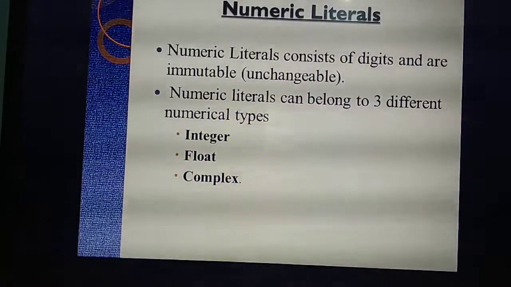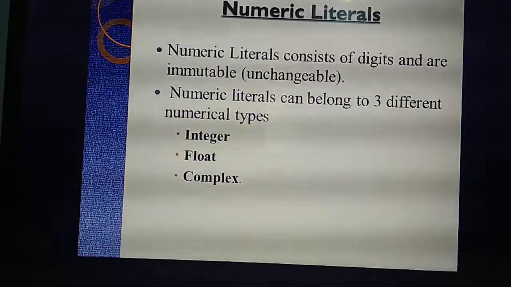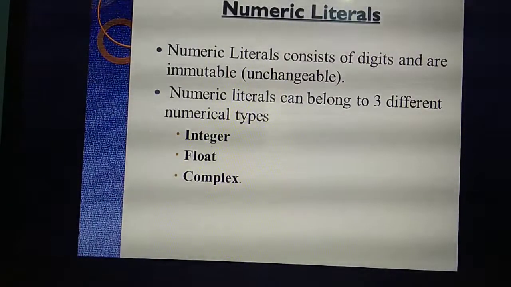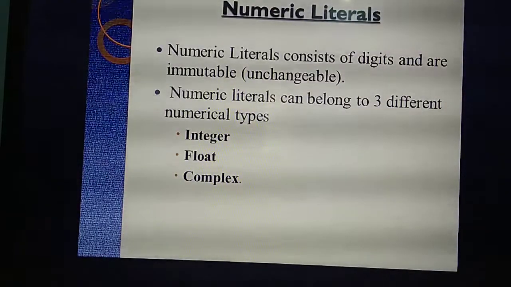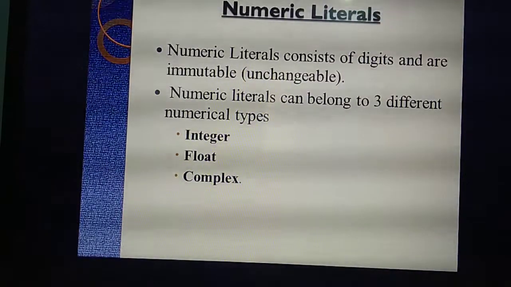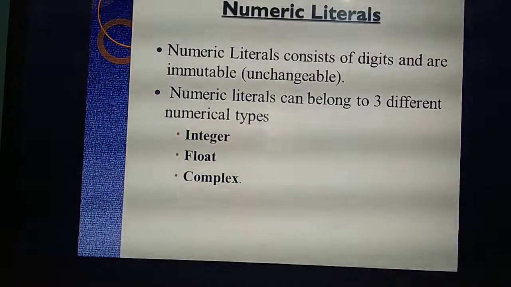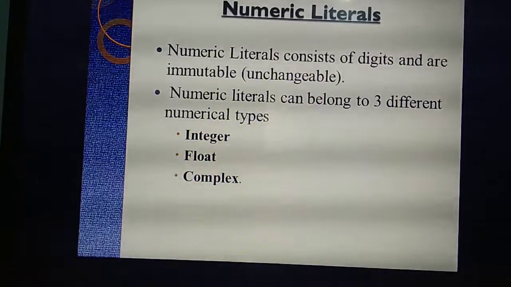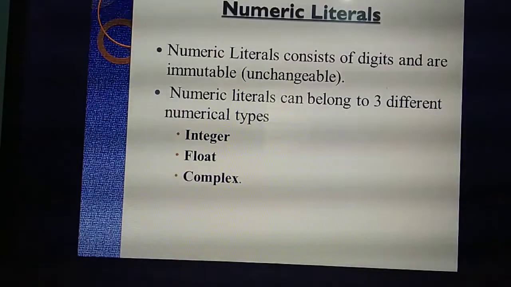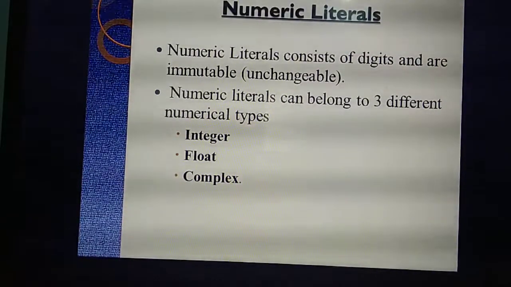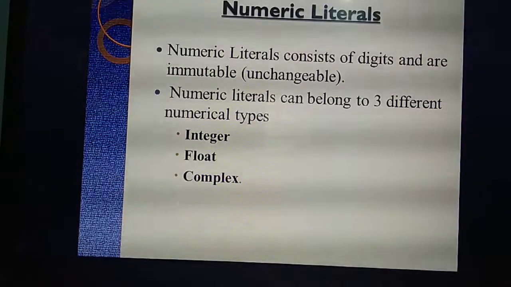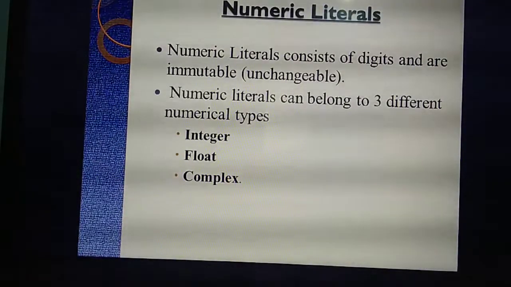This is the roll number. Likewise, numeric literals also consist of many numbers or digits, and you can't change those digits. Understand? Numeric literals also have 3 types. How many types are there? 3. You have already studied this in 11th standard.